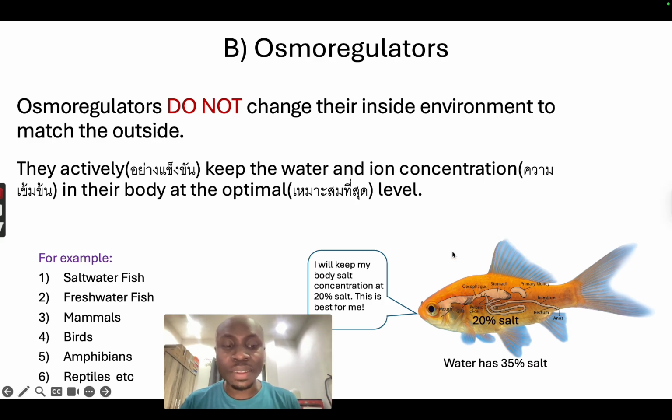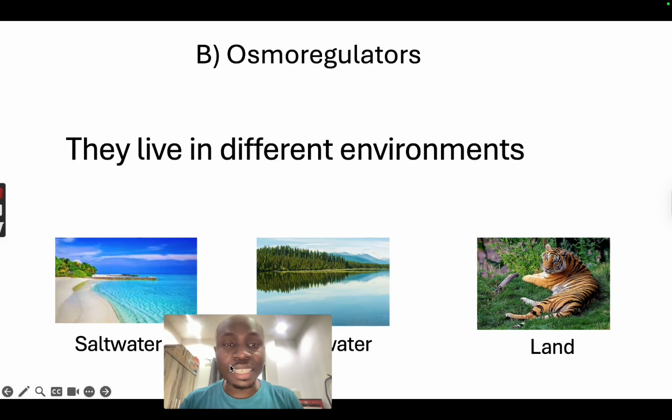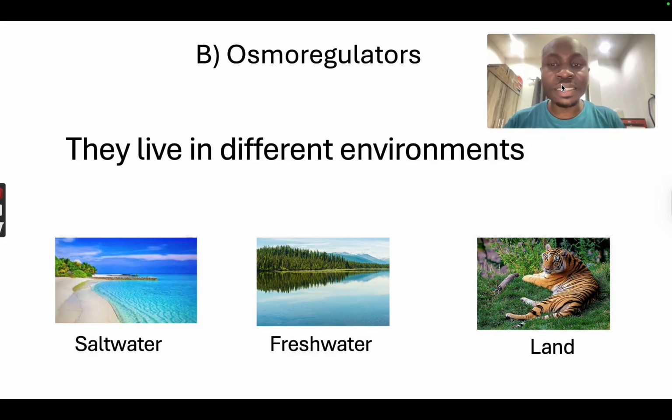Okay, now let's continue. Osmoregulators live in different environments, right? Many animals are osmoregulators, like mammals, reptiles, amphibians, and fish, and they live in different environments. Some live in salt water, some live in fresh water, some live on land.